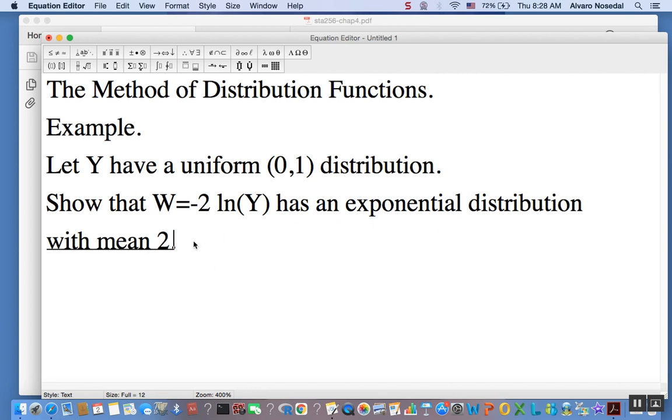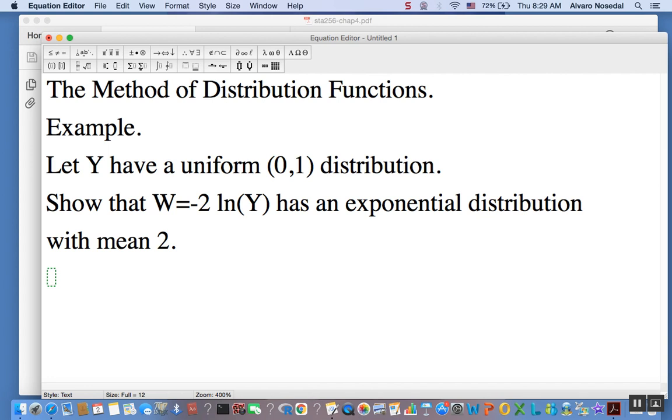Sometimes it's not going to be one of those popular probability distributions, but still that is going to help us find the PDF, if it's a continuous random variable, of the transformed random variable that we're interested in, like W.